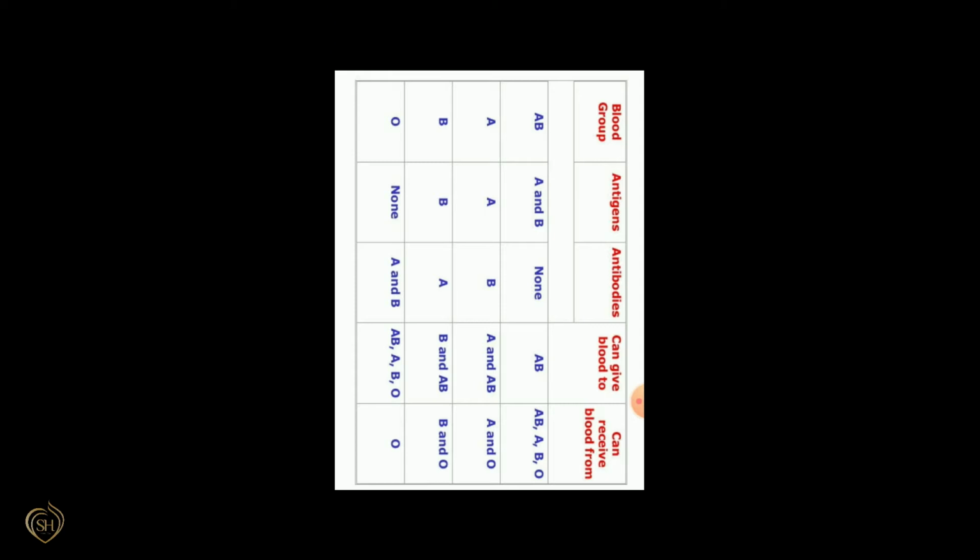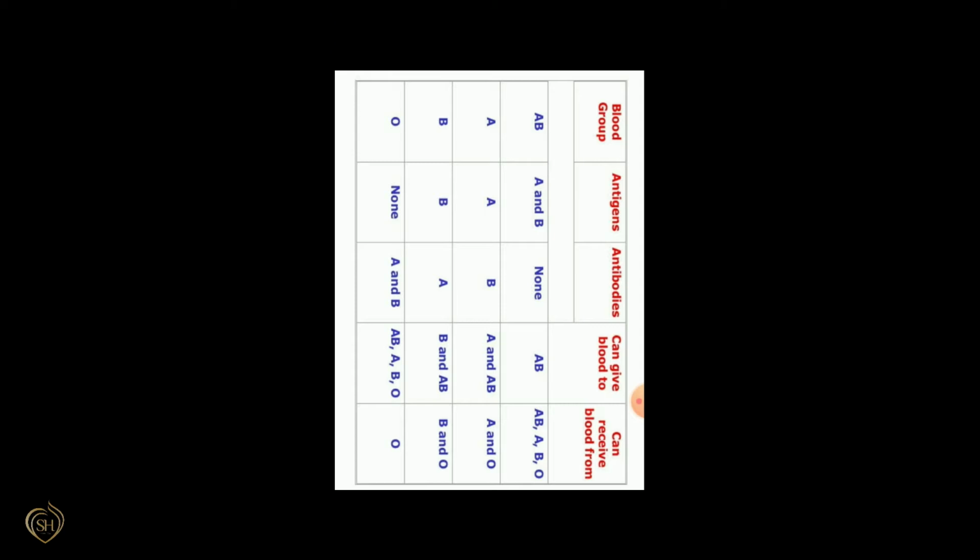In this system of grouping, A group contains antigen A and antibody B. What about the AB group? In AB group, antigens A and B are present, but there are no antibodies.